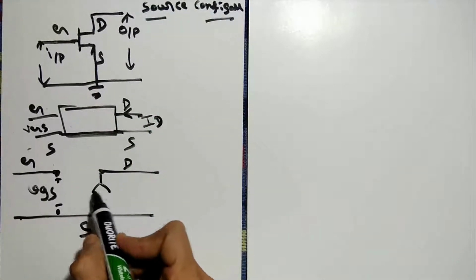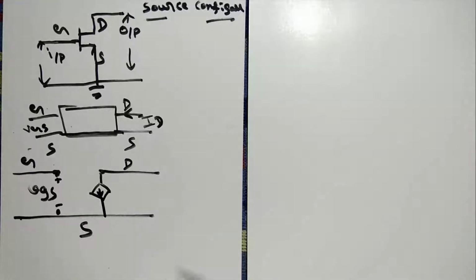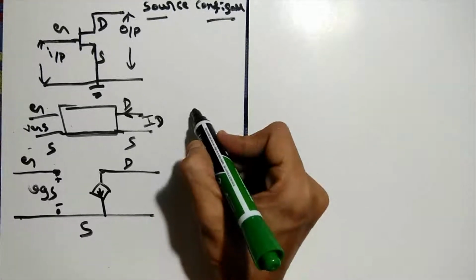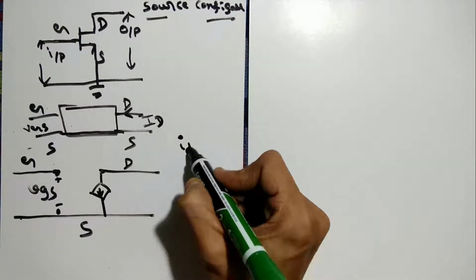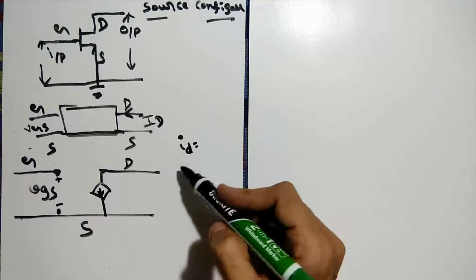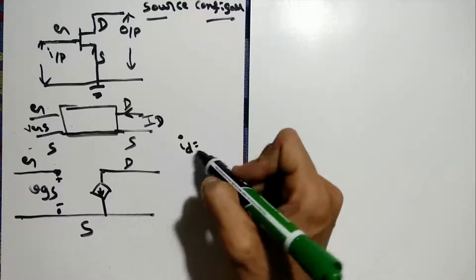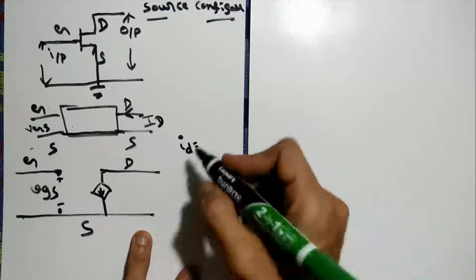We can represent it like this, and this current source is independent, with ID going in this direction. The small ID is whatever portion we have, and we can represent ID with respect to transconductance.